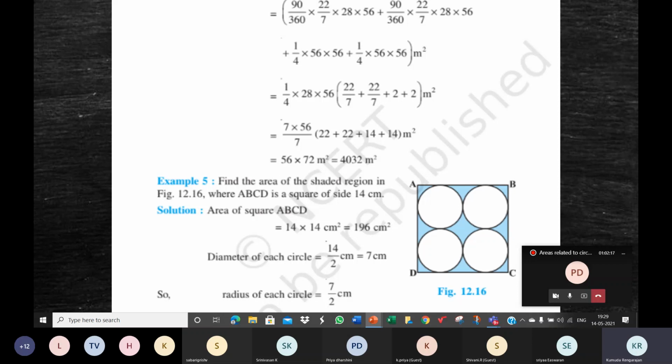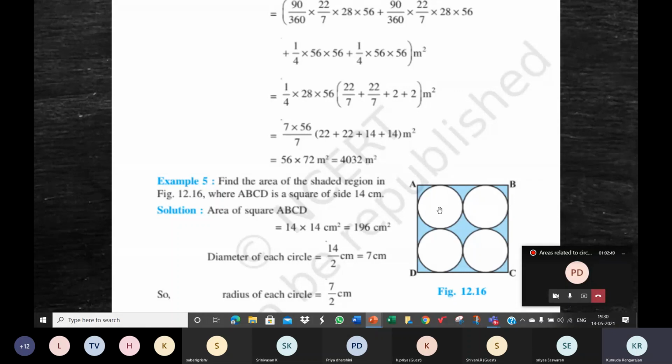So we need to find the radius of a circle. Once you find the radius of a circle, the area of the shaded region will be area of the square minus the area of the four circles. From the area of the square, take away the area of the four circles to get the area of the shaded region, the blue region.